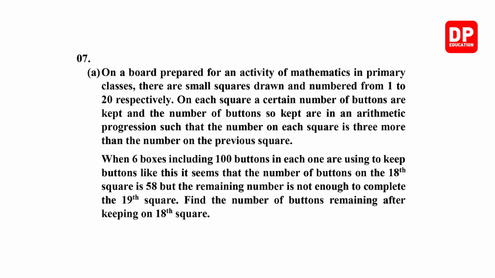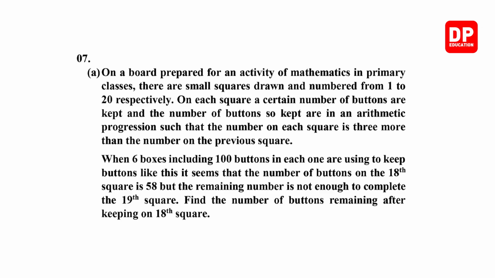When 6 boxes including 100 buttons in each one are used to keep buttons like this, it seems that the number of buttons on the 18th square is 58, but the remaining number is not enough to complete the 19th square. Find the number of buttons remaining after keeping on 18th square.